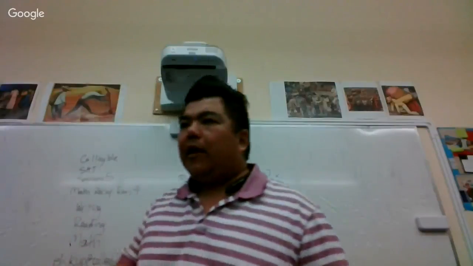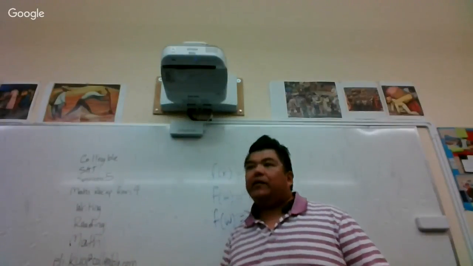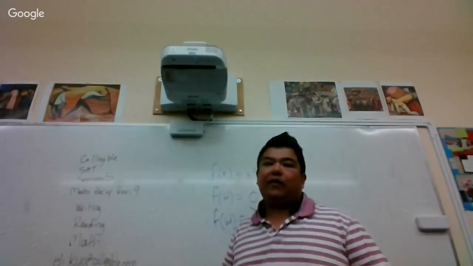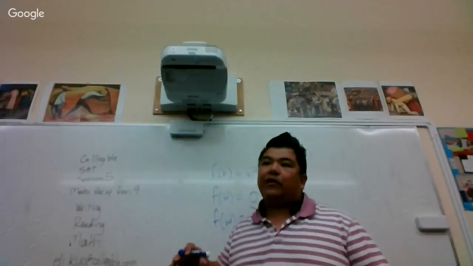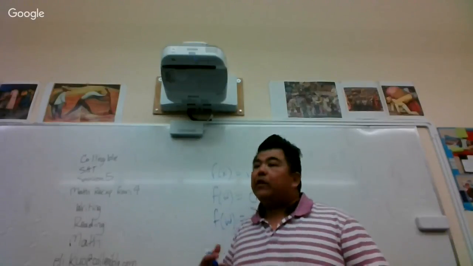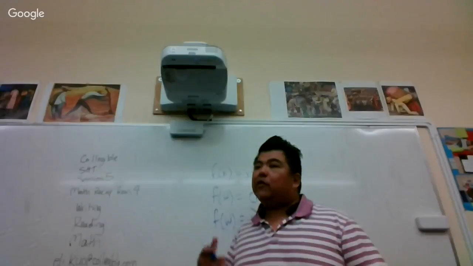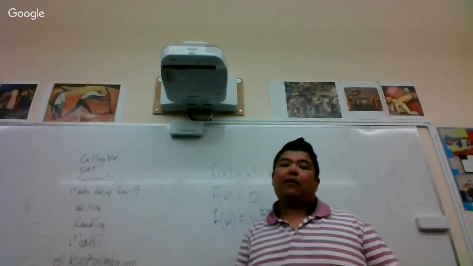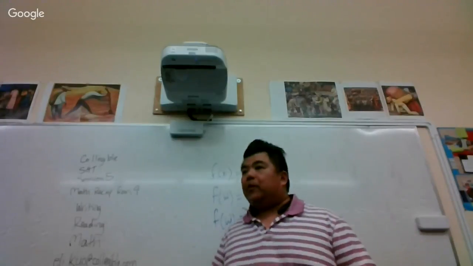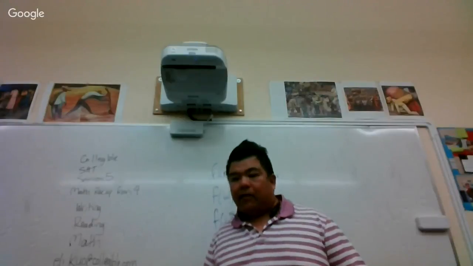A lot of times with this type of problem, the concepts aren't hard, but what's really their trick is they put it into strange language. But we know that domain is input. Typically, that's your x value that goes in there, and your range is the output, the result, the y value, right?